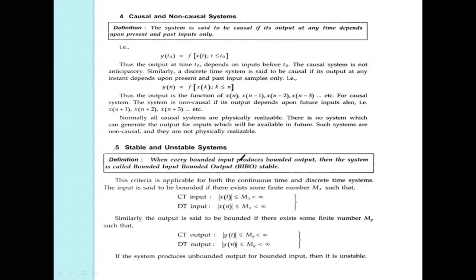Okay, my dear students. The input is bounded, the output is also bounded, call it stable. Input is bounded, but output is unbounded, call it an unstable system.